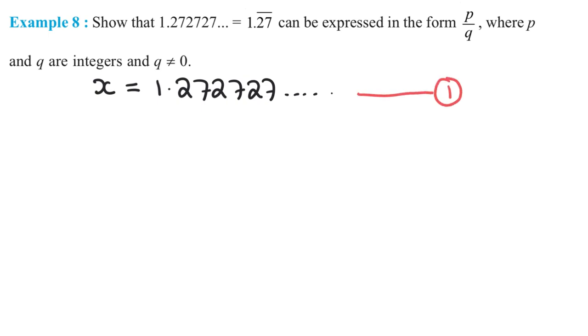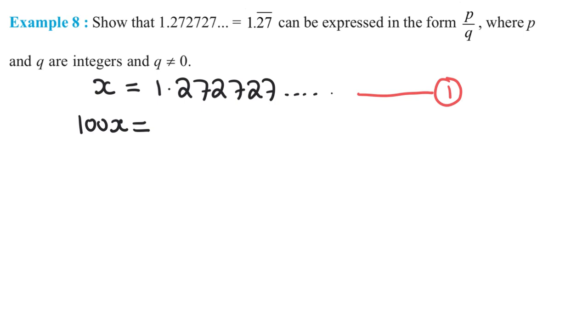Isn't it? Okay. Now, because 2 digits are repeating, we will multiply both sides of the equation with 100. So, x times 100 is going to be 100x equal to.